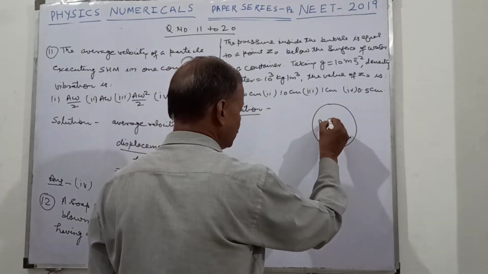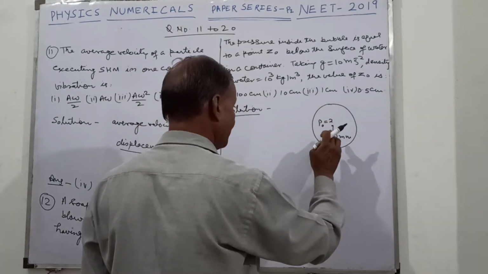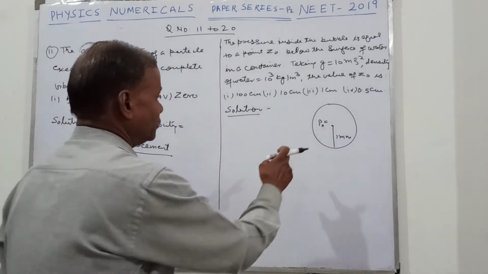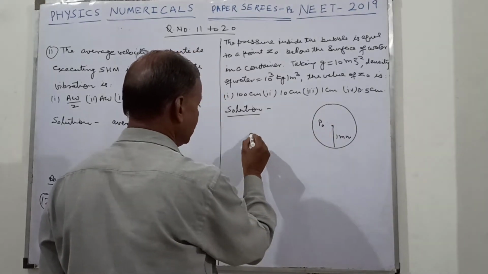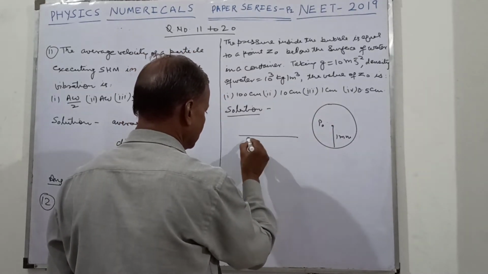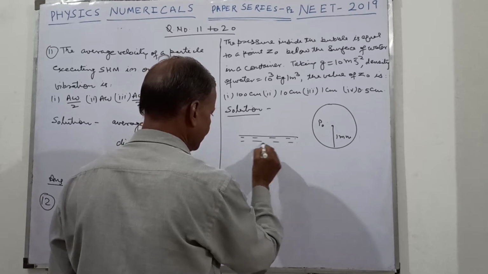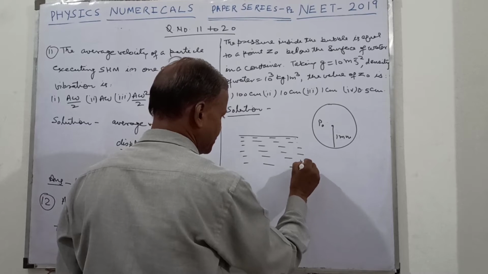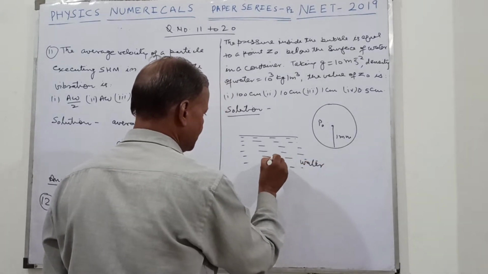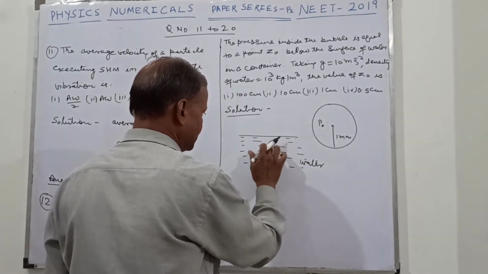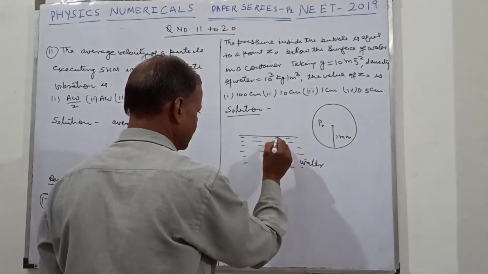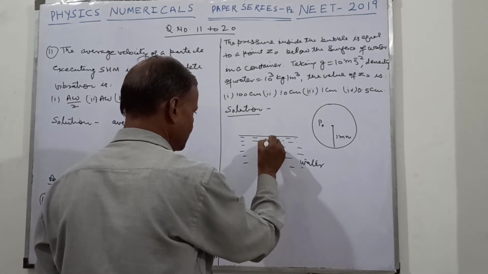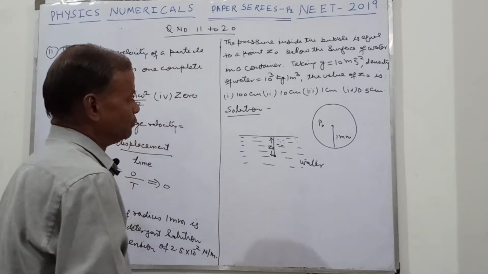And here we are given the surface of water. This is water. This is a point, and the distance of this point from the surface is equal to Z0.